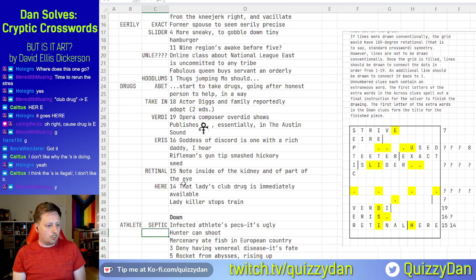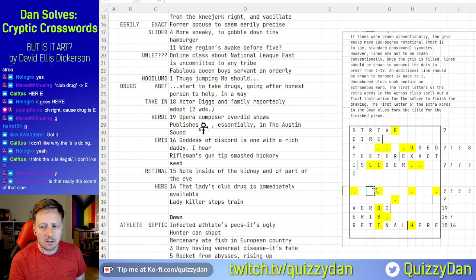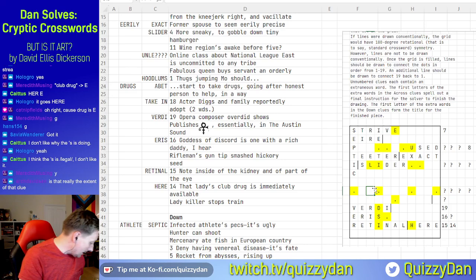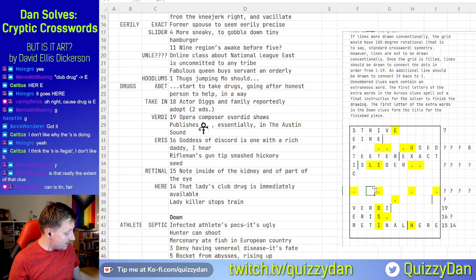Hunter can shoot. There is an extra word in there, so it's going to be a double definition. Is it just tin? I will check. In this instance, it is.